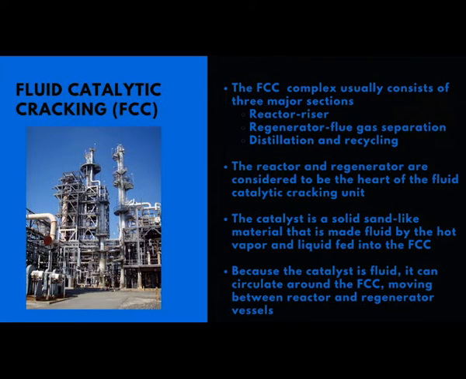The FCC unit complex primarily consists of three major sections. One is the reactor riser, where the actual reactions take place. Then a regenerator, or flue gas separation unit. The catalyst, as I said, is a fine solid particle, and after reaction coke will deposit on the surface of the catalyst.